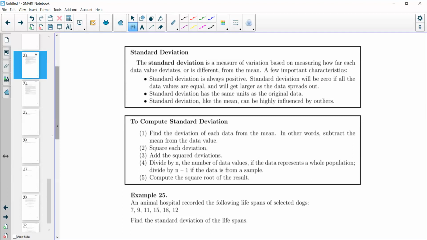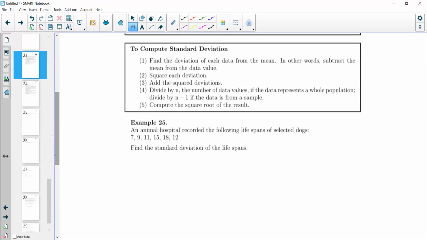Standard deviation is always positive. And it'll be 0 if all the data values are equal, and it'll get larger as the data spreads out. So the larger the range, the larger the standard deviation. Standard deviation has the same units as the original data. So if our data was in seconds, our standard deviation will be in seconds. And standard deviation, like the mean, can be highly influenced by outliers. So we have to be careful of that.